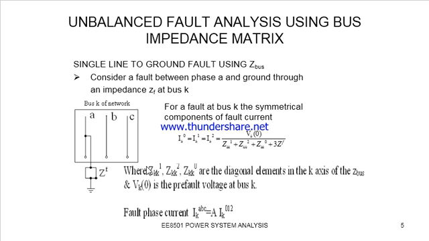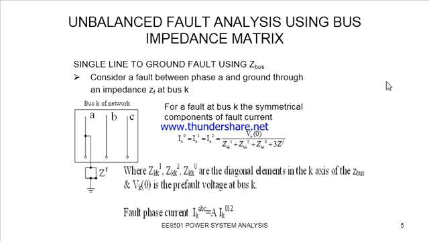While considering the unbalanced fault analysis using the bus impedance matrix, here we can see for the single line to ground fault, we can consider the fault at A. Similarly, we have IB and IC, and the zero sequence, positive sequence and the negative sequence values of the current can be equated to VK0 divided by the impedances of all the sequences plus 3 times the fault impedance.